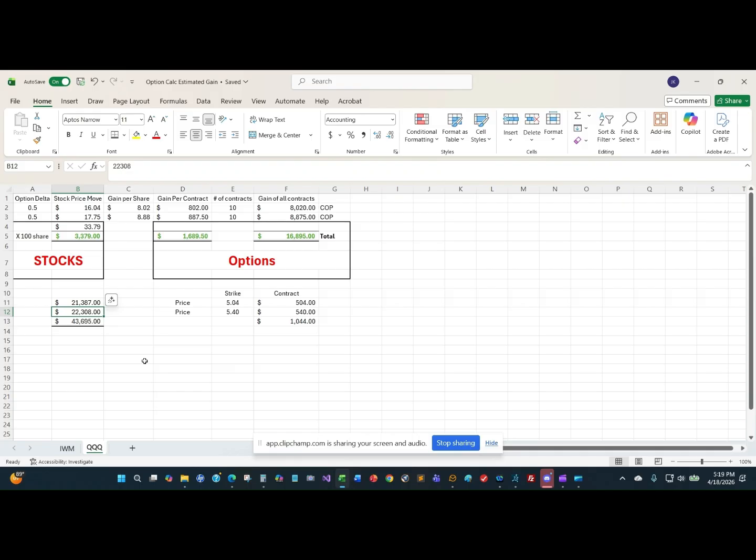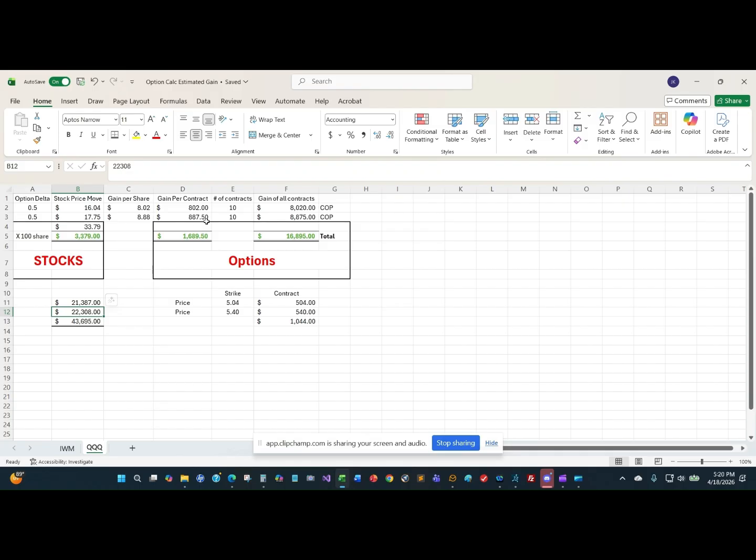Now with the options, there's a thing called the delta, and if you look it up, it averages about 0.5. What does that mean? You take the stock price movement, there's our movement again, and you multiply the two, and this gives you the gain per share in the contract for the price movement.